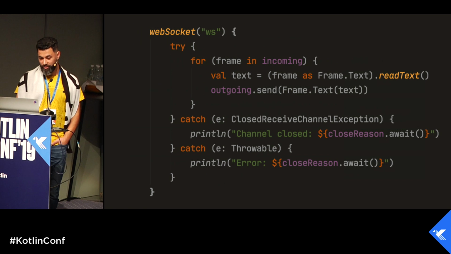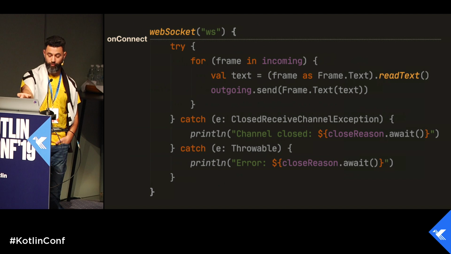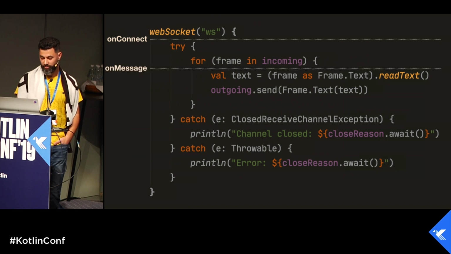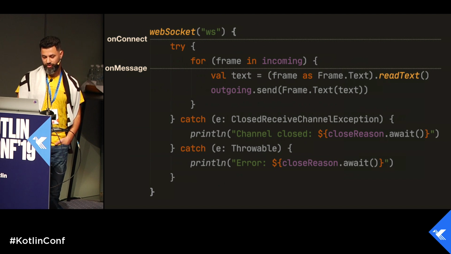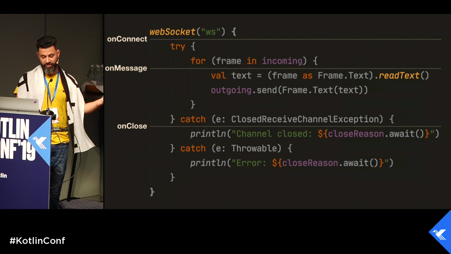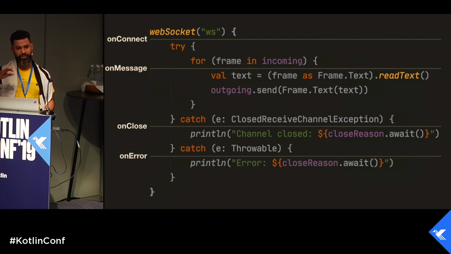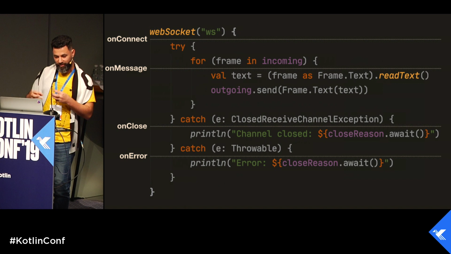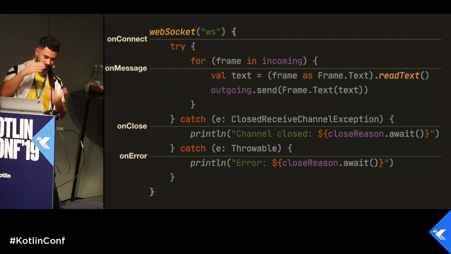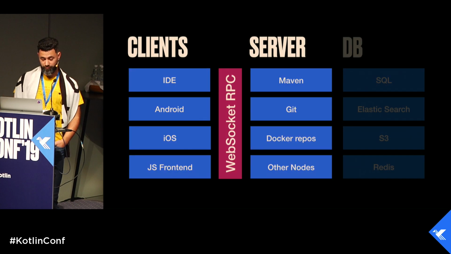You can have it like this, where on connect happens at the beginning, on open. Then on message happens every time you read the next frame from the incoming source. On close is an exception, and on error is also an exception. So you don't have this split into several pieces of code that should interact and pass data to each other. You have a linear flow of code. That's because of coroutines.